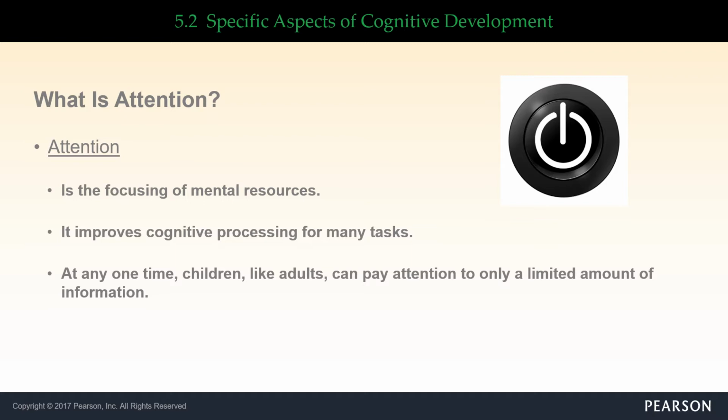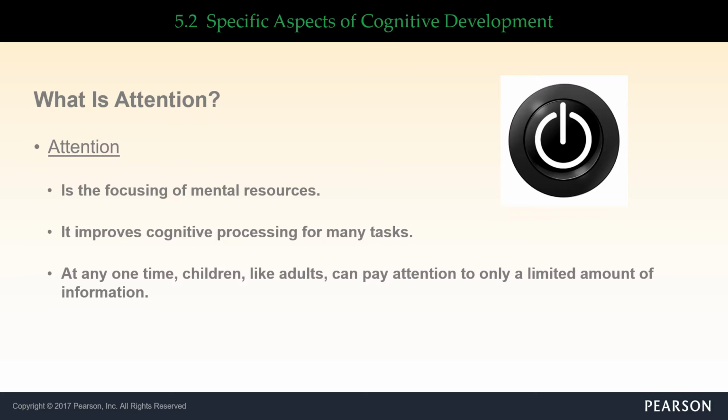And so with a computer, in order for the computer to pay attention, we have to press the on button. Well, in human development, in order to turn on our cognitive abilities, we need to pay attention. Attention is the focusing of our mental resources.